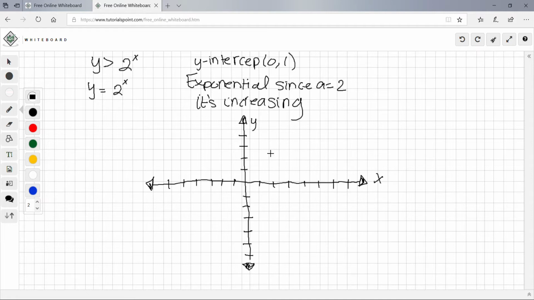Okay, so we said that the y-intercept is 0, 1, right? Let's see, what else do we know? Since it's greater than, there's no equal sign, it's going to be dashed. So we know it's going to look something like this.